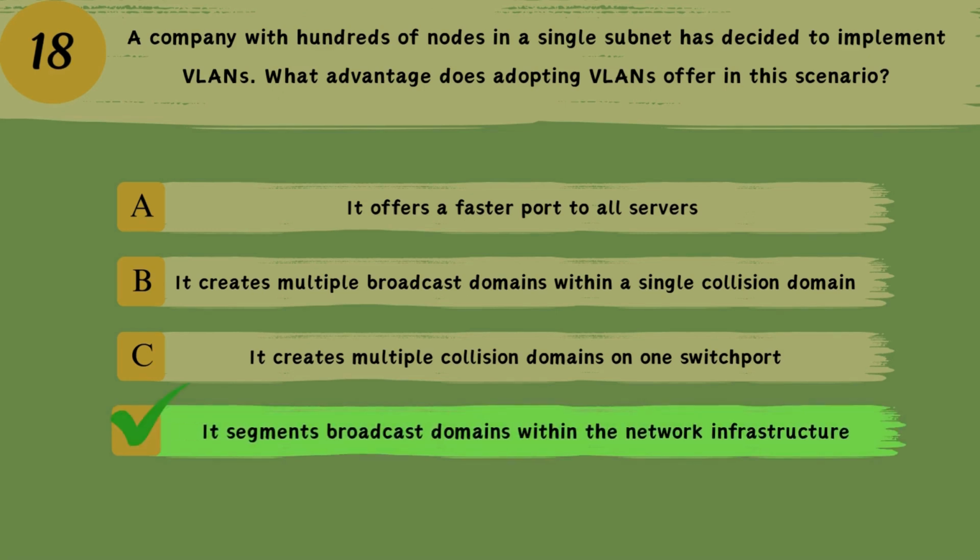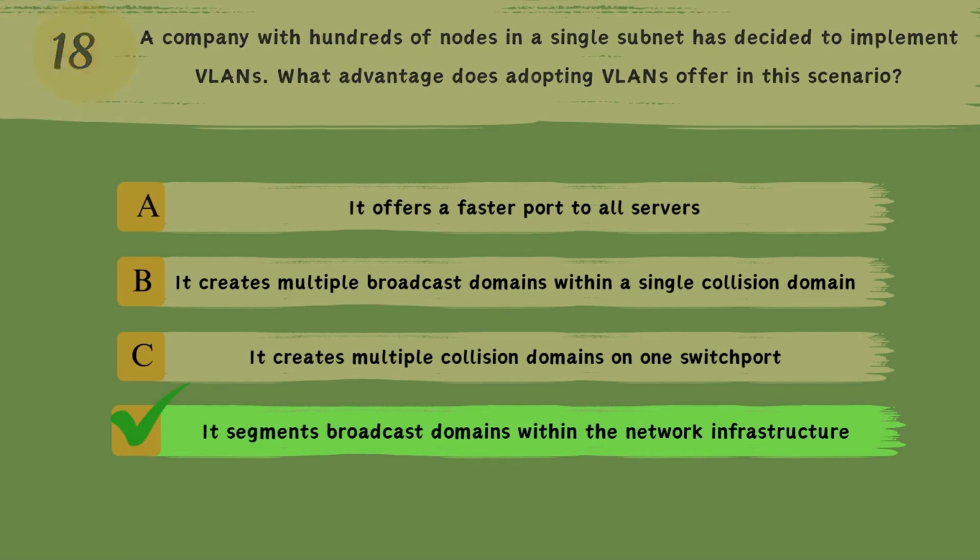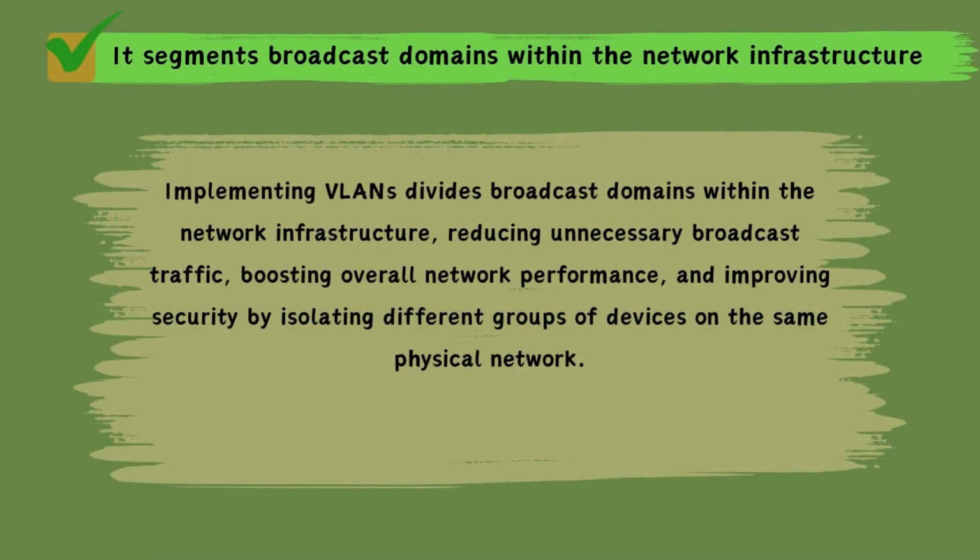Correct answer: D. Implementing VLANs divides broadcast domains within the network infrastructure, reducing unnecessary broadcast traffic, boosting overall network performance, and improving security by isolating different groups of devices on the same physical network.